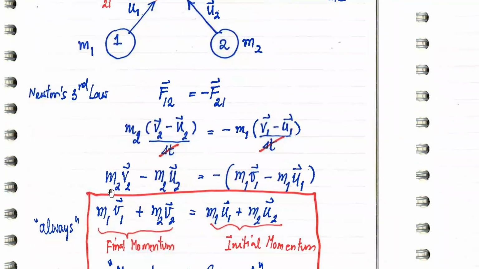So what you have left is M2 V2 minus M2 U2 equal to minus M1 V1 minus M1 U1.